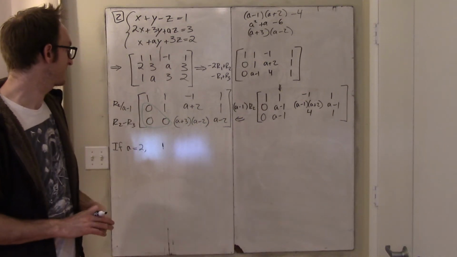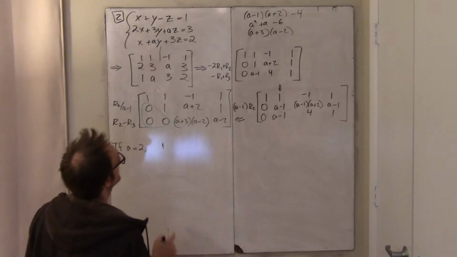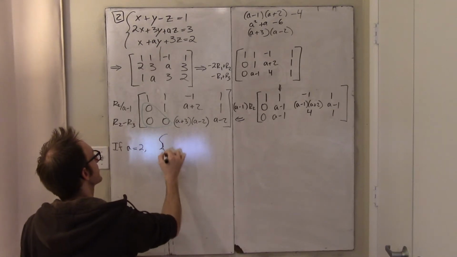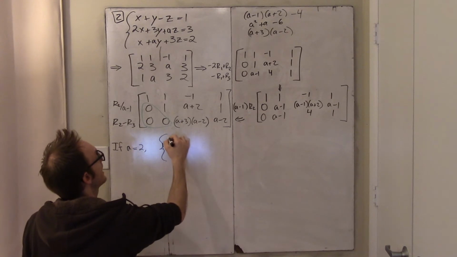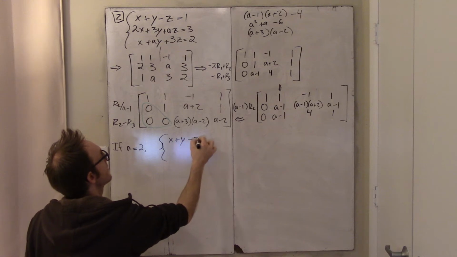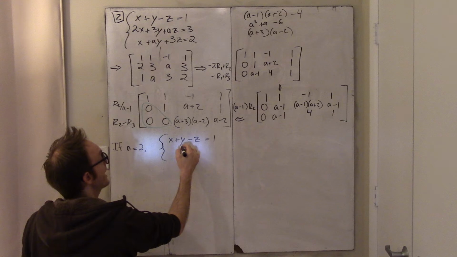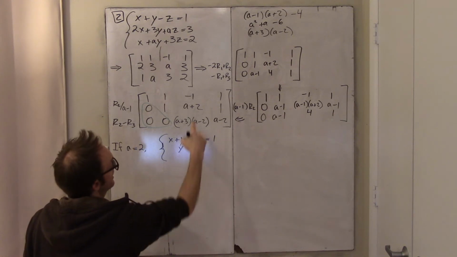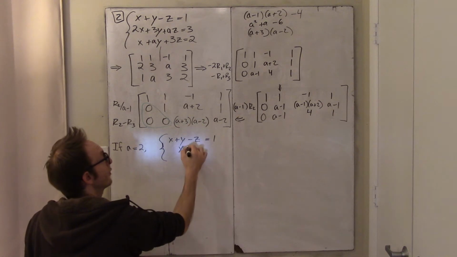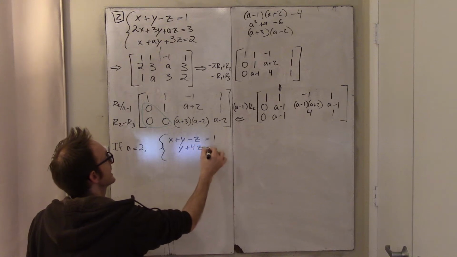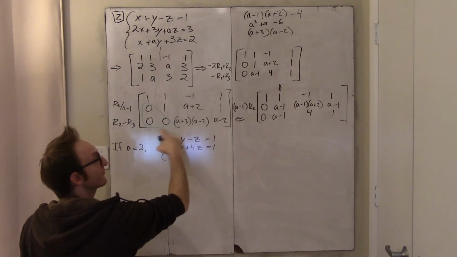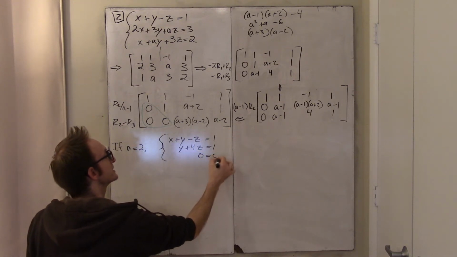In other words, if a is 2, then the system of equations we have is x plus y minus z equals 1. Here we have y, and if a is 2, that would be 4, so plus 4z equals 1. But then this final row is just 0 equals 0.